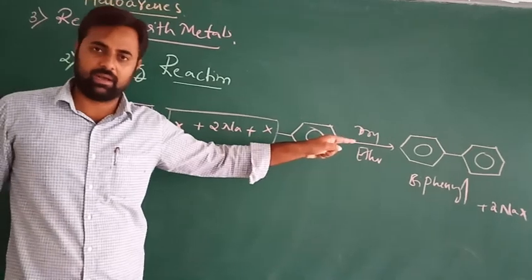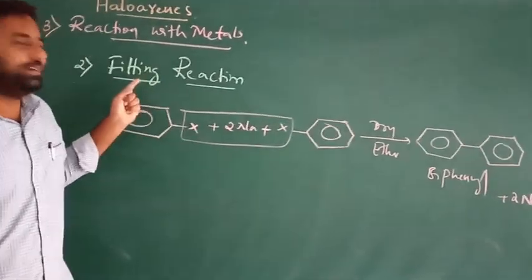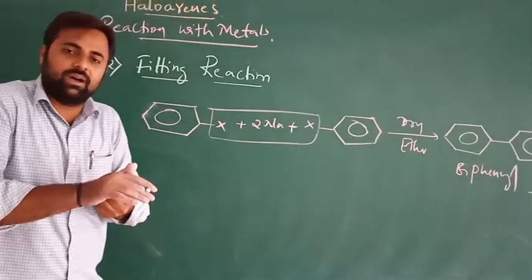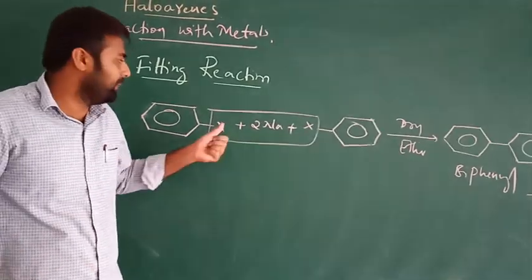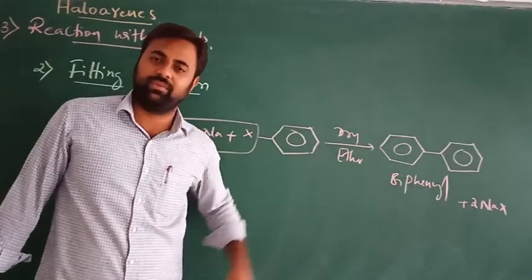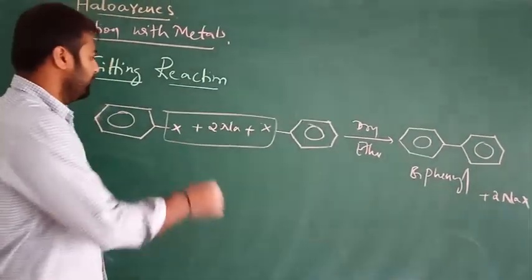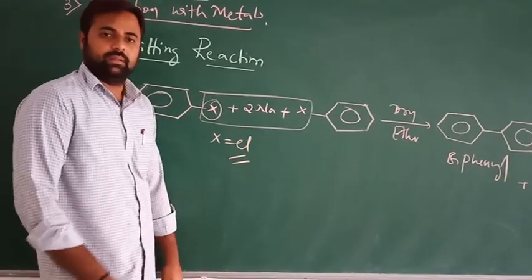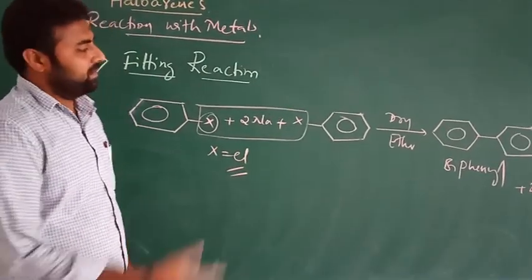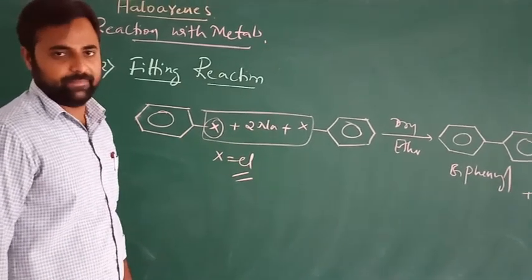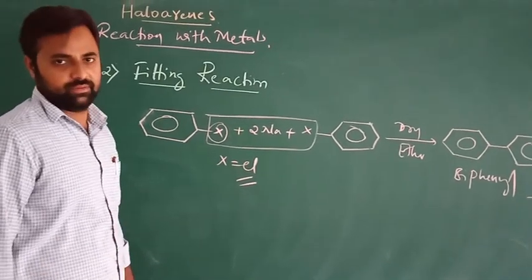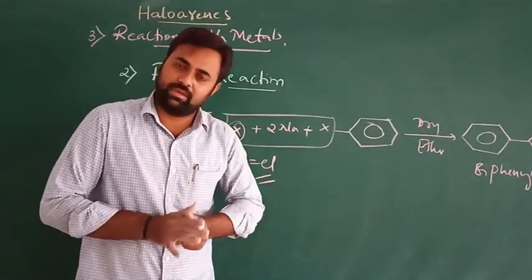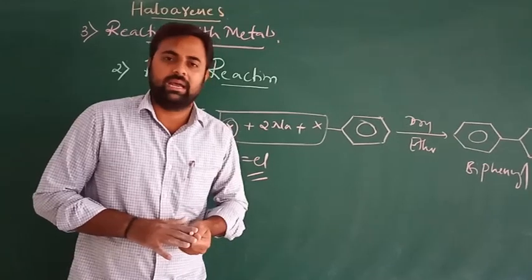This is called the Fittig reaction. The Fittig reaction means the two aryl halides combine together, treated with sodium metal in dry ether, giving a biphenyl or diphenyl compound. If you put X equal to Cl, you can easily write the equation. This is the Fittig reaction. Now we have completed the chemical properties of aryl halides.